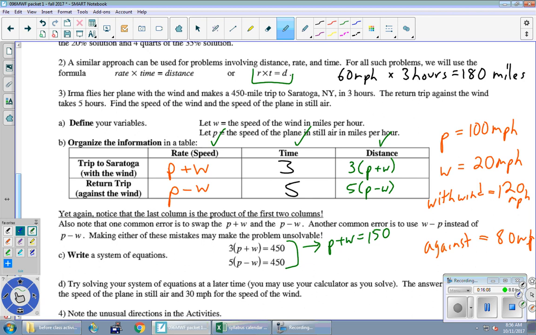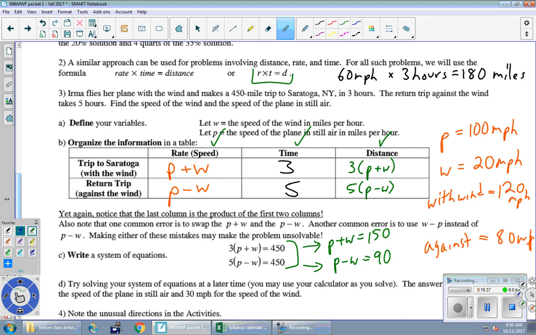What can I do to make the bottom one more friendly? Divide by 5. P minus W equals 5 into 450, which is 90. And these two equations are perfect for elimination because if you add them right now, what happens? The W's go away. So you don't even have to multiply the equations by anything, right? It's already set up that way. Certainly you don't need to do that, but I wanted to point it out.